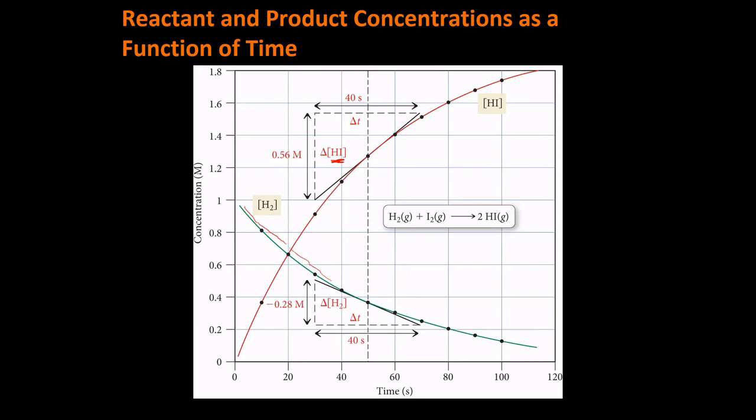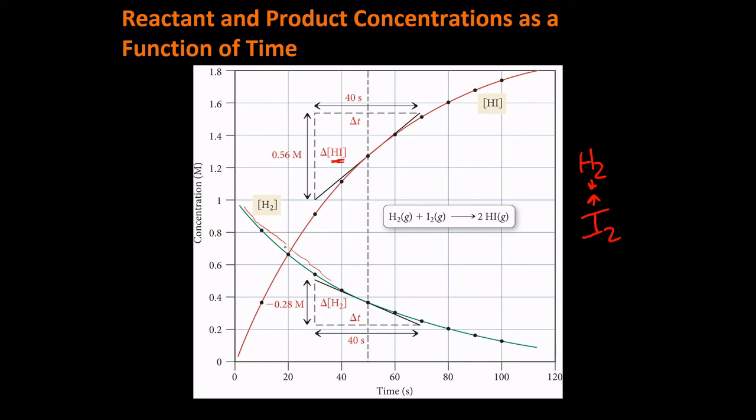Well, let's think about it this way. For the reaction to occur, you have to have an H2 and an I2 bump together. They have to come together, they smack together, and they react to form HI.